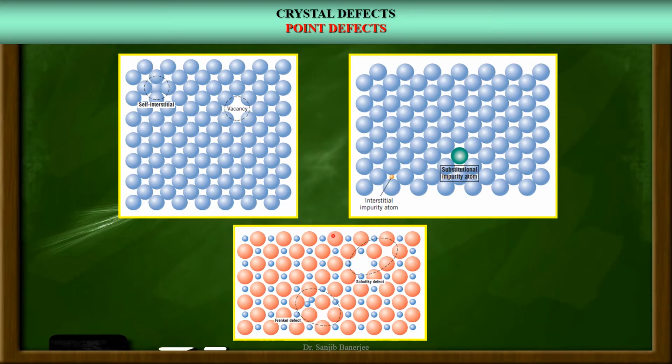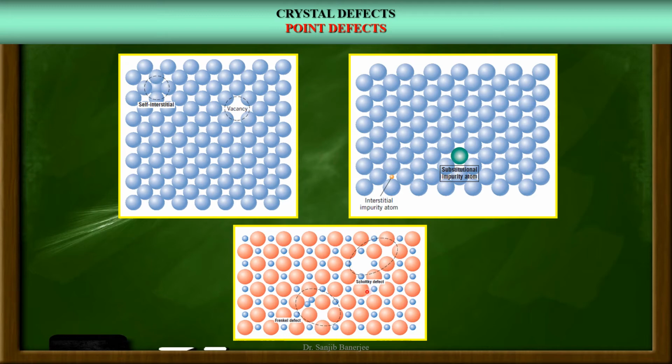So, it leaves behind only one point defect, which is a vacancy. In case of Frankel defect, an atom of a particular lattice site is moved into another interstitial position. So, it gives rise to two point defects. One is the vacancy and one is the interstitial.